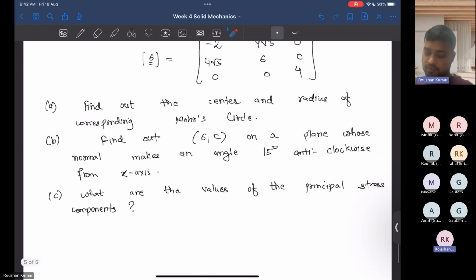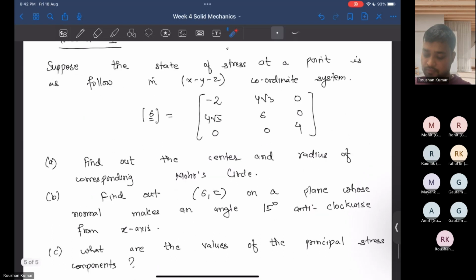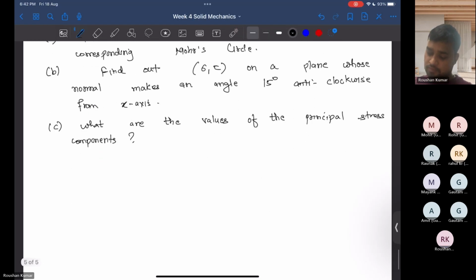Okay, now first of all we have to draw the Mohr circle based on the stress matrix that is given in the problem. So let's draw the Mohr circle first.